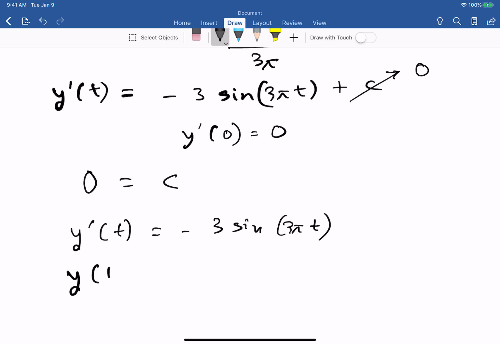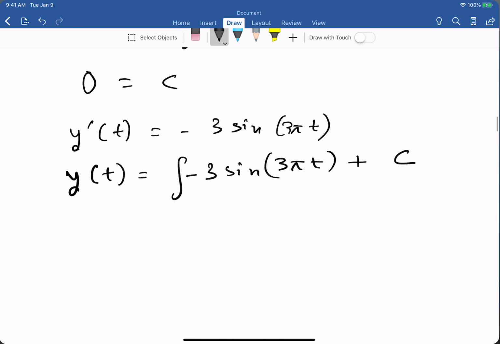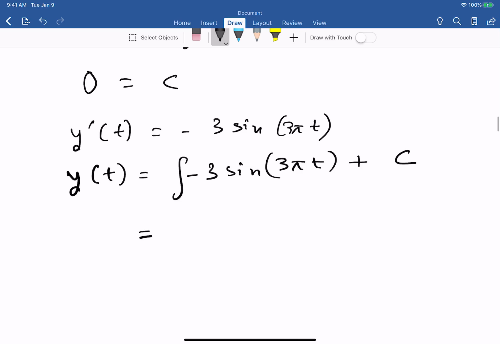So y of t would just be one more integral of this plus a constant. So it would be the integral of minus 3 sine 3 pi t plus some constant. Okay, I'm using the same symbol c for the other constant, but there's no reason for these constants to be the same. Let's go ahead and do this integral. You pull out the minus 3 and then you have to integrate sine.